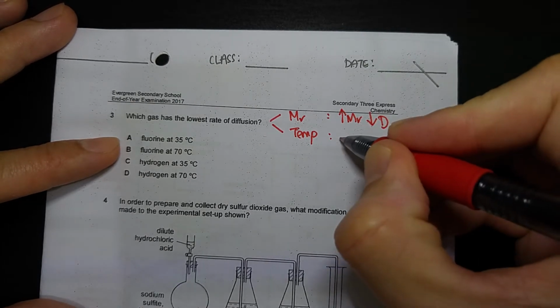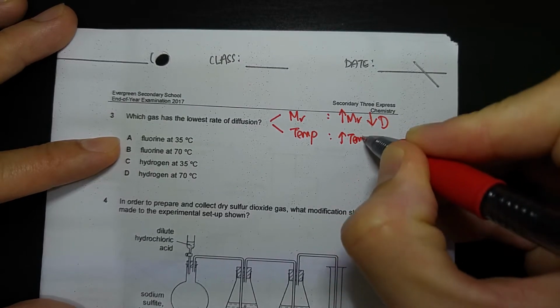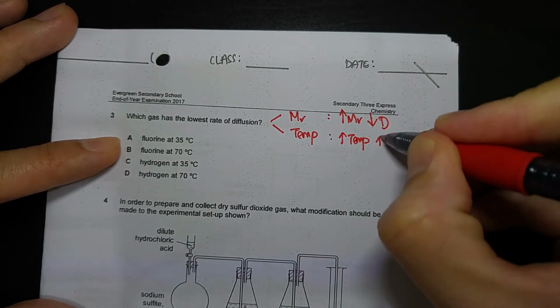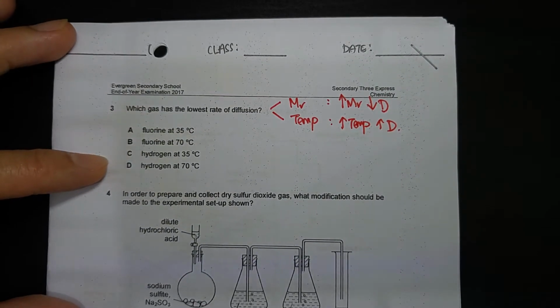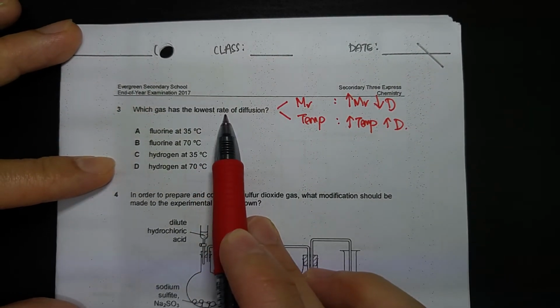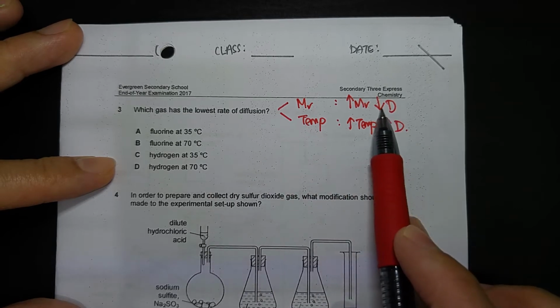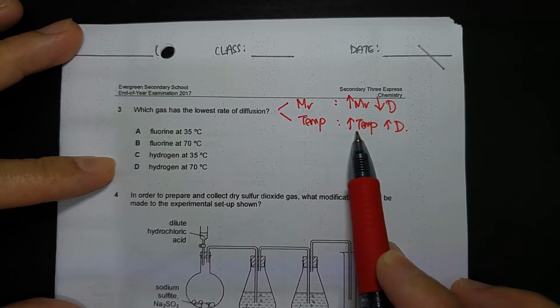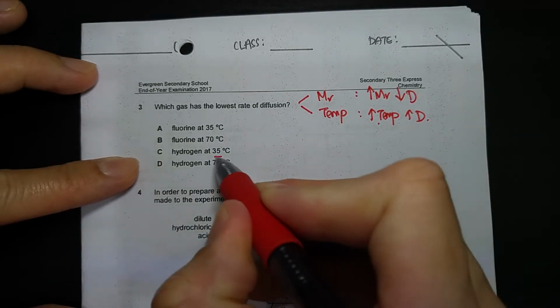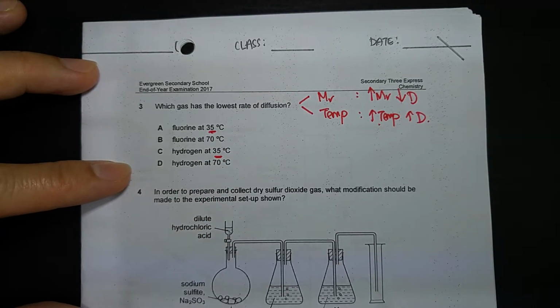For temperature, the higher the temperature, the faster the rate of diffusion. So for the slowest rate of diffusion, I want a very large MR and a very low temperature. So low temperature, it's either A or C.